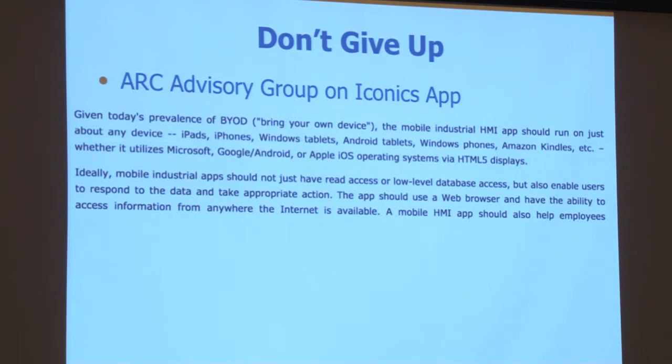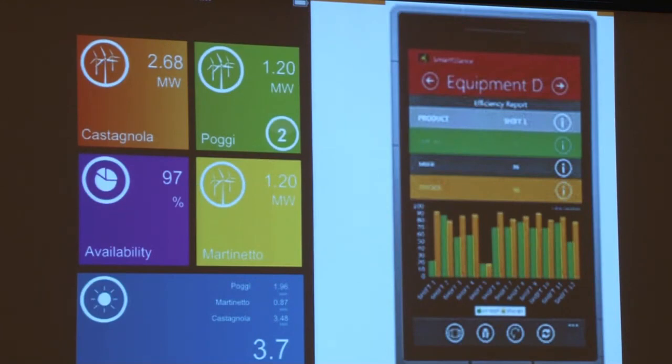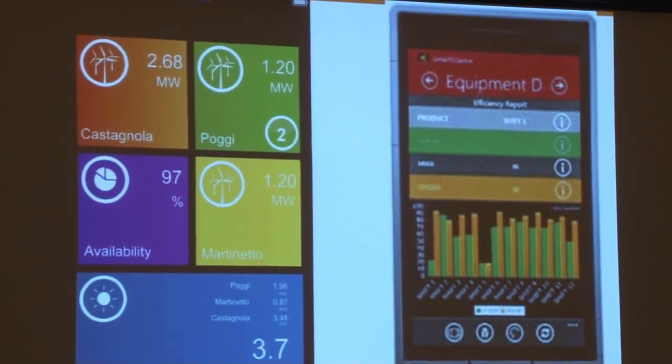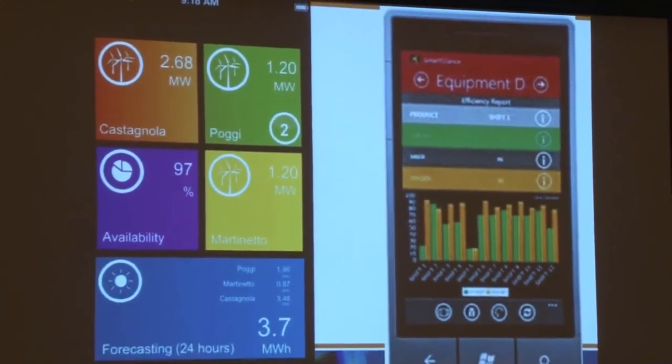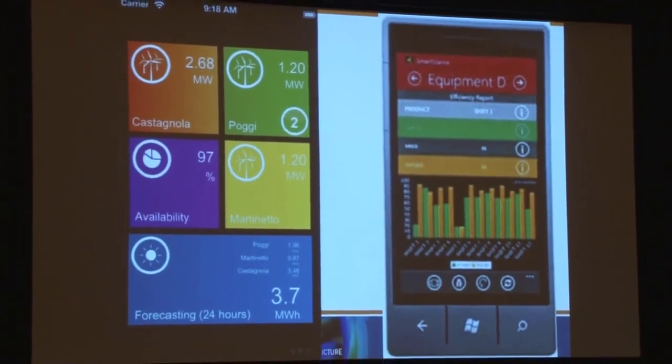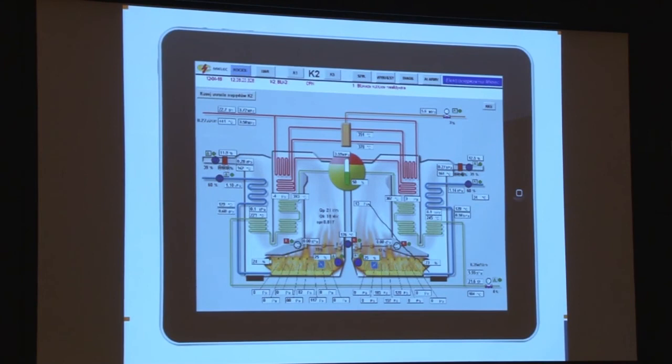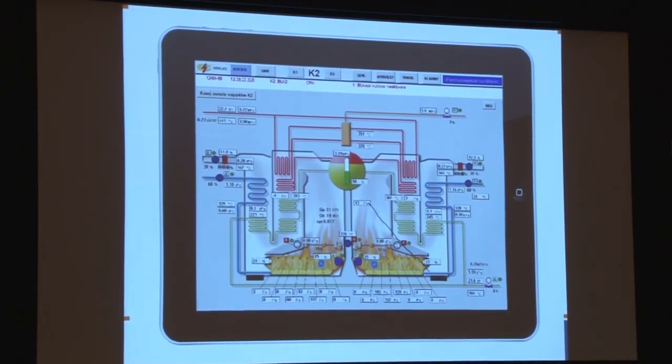But there is a big push to do this, and I just had a couple of pictures here. So this is, I believe, the Iconics app on the left. You know, and they make a major push, and ARC Advisory Group says you can use this for control, you should use this for control. You have similar things on the right, you have tablet displays and all sorts of things.